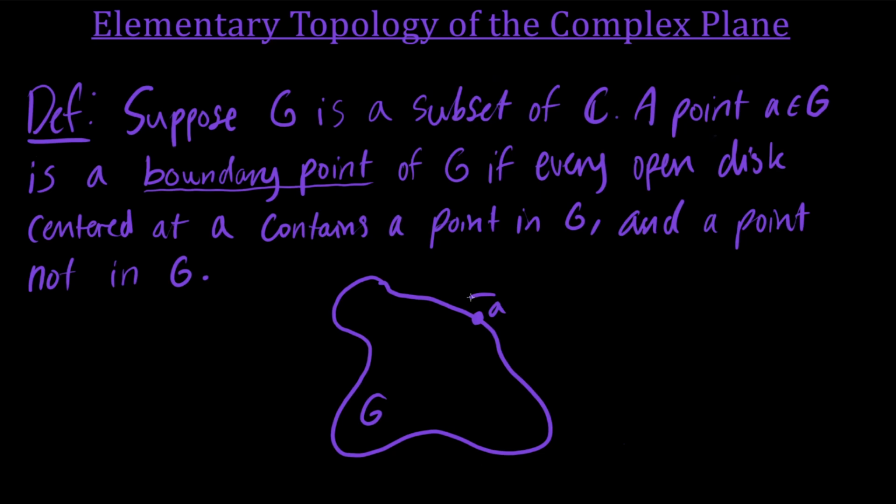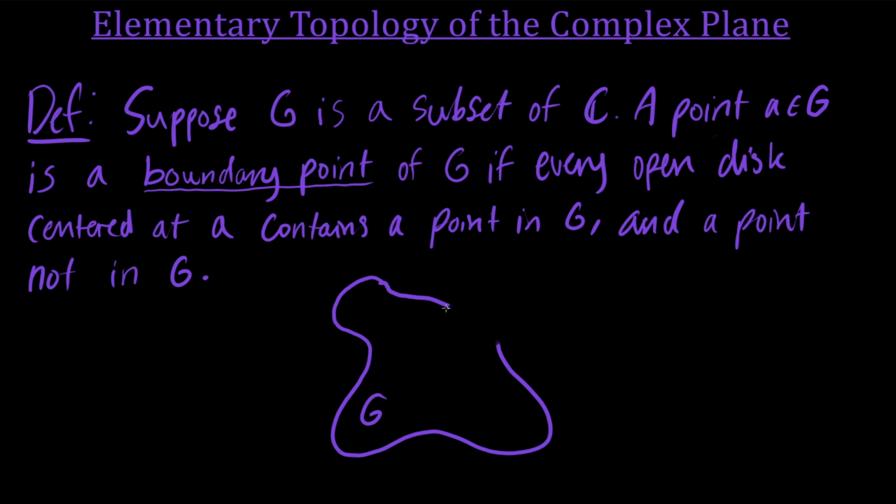Well, you'll notice that for any open disk that we draw centered at A, there's always going to be this region that contains points that are not in G, and this region that contains points that are in G. And so no matter how we draw our open disk centered at A, these two regions will always exist. The disk will always contain points that are not in G and points that are in G. So this point is a boundary point of G.